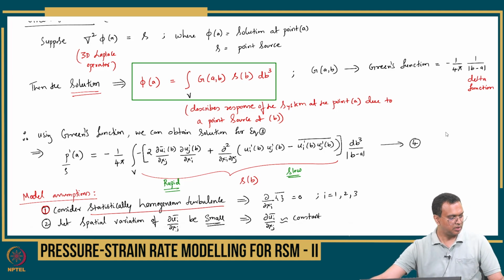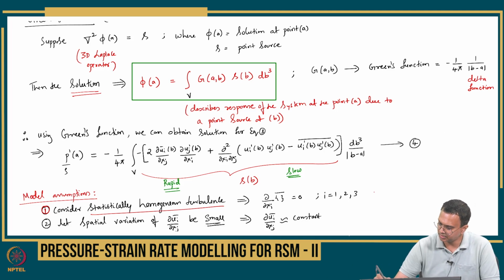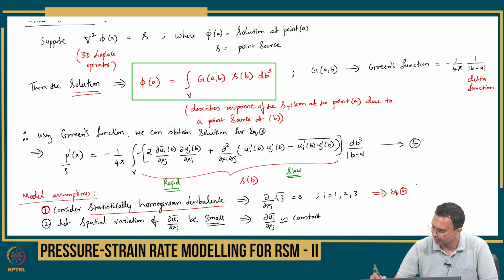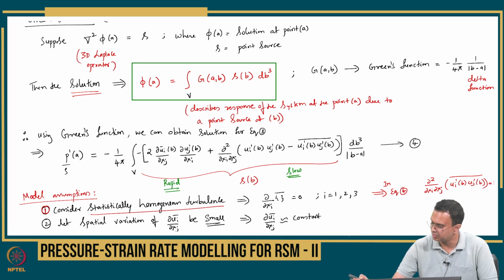Alright. So with these two model assumptions, let us see what would happen. For the first one, this particular term in equation 4, the ∂²/∂xi∂xj of ui'(B) uj'(B) average term, will be 0, the consequence of the first assumption.